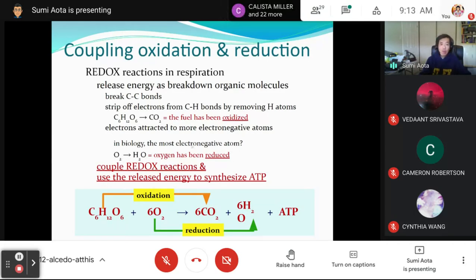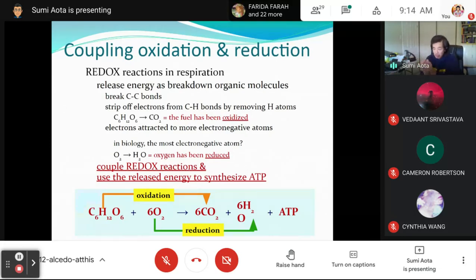So what we're doing is coupling these redox reactions. We're using redox reactions as the exergonic reaction linked to the endergonic reaction of the synthesis of ATP. That's the energy coupling relationship that exists.